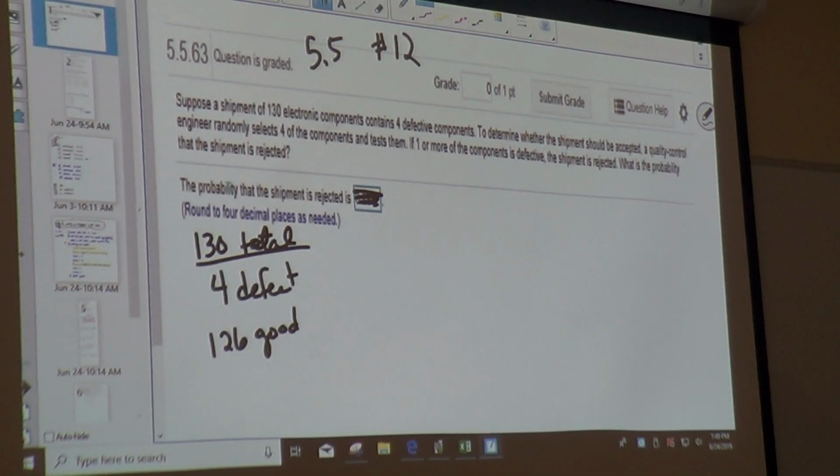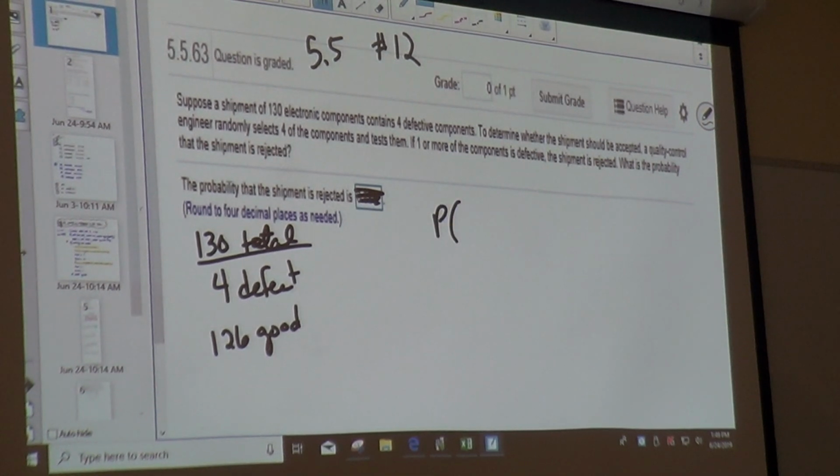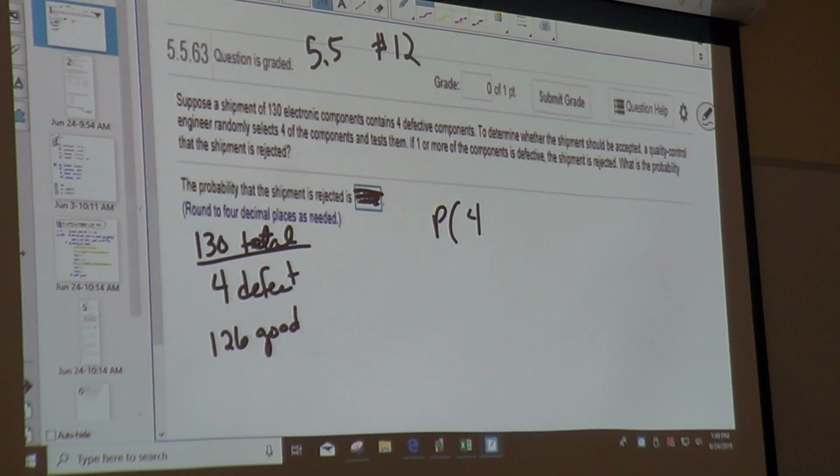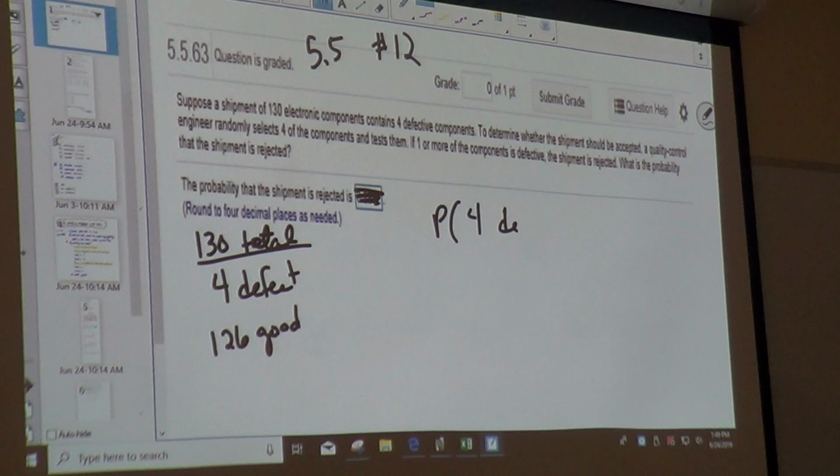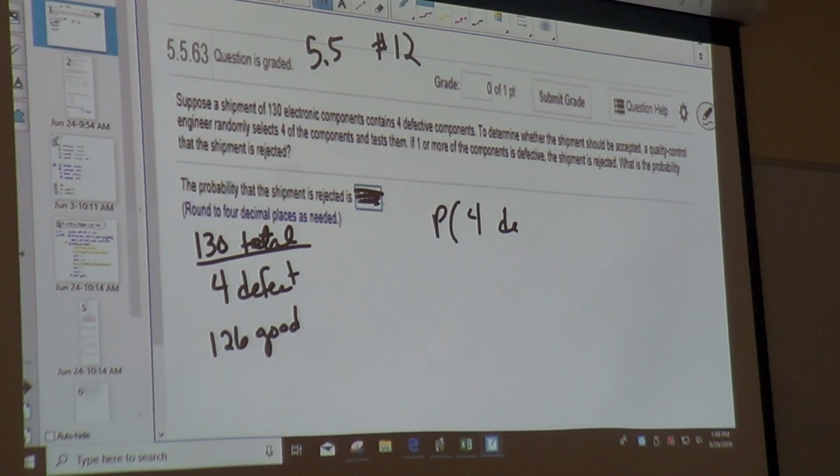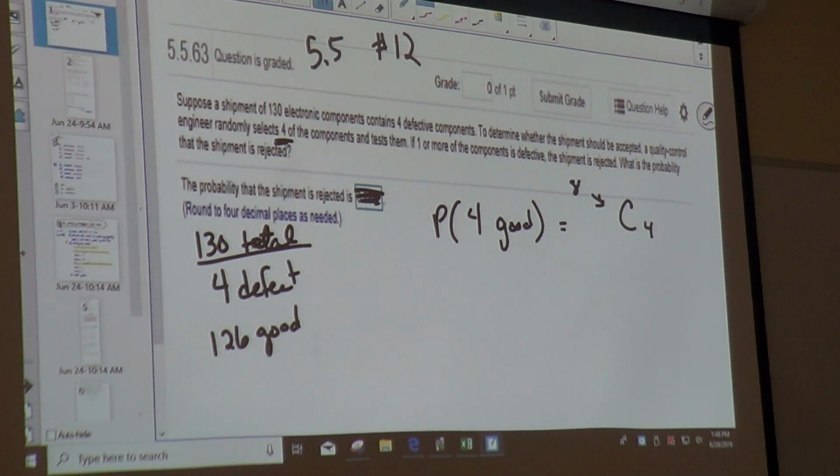So I did the probability of picking 4 good, because it randomly selects 4 and tests them. If I pick 4 good, these are good ones.